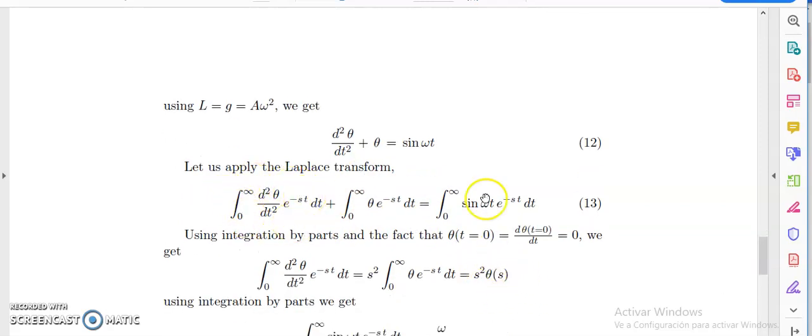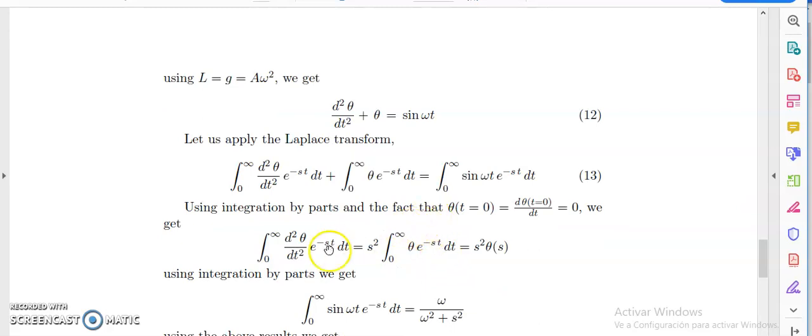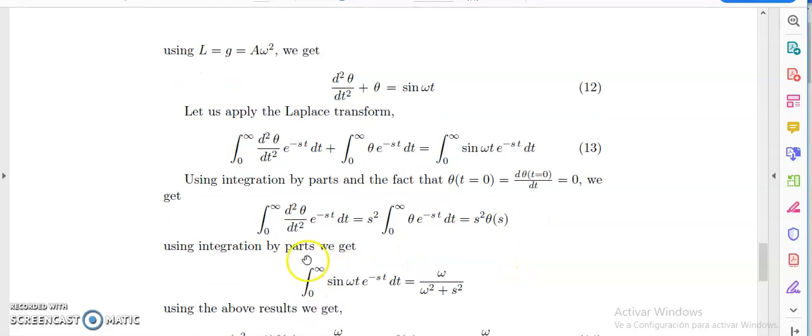The first term on the left hand side and the term on the right hand side can be integrated using integration by parts. The term on the left hand side becomes s squared multiplied by the Laplace transform of theta. And using integration by parts again, the term on the right hand side of equation 13 becomes omega divided by omega squared plus s squared.